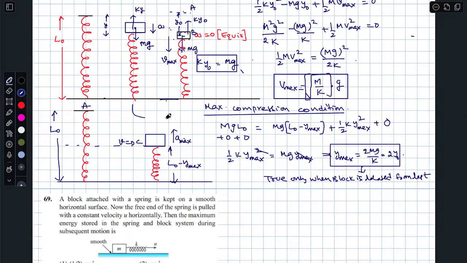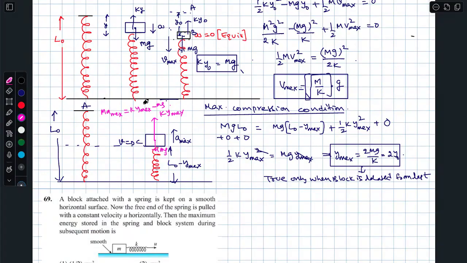Now draw the free body diagram properly. What are the different forces on this? One is k Ymax. The other is mg. So m a max is k Ymax minus mg.